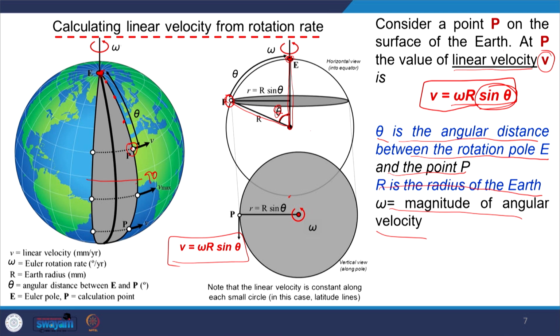So for 10 degrees, it is omega r sin 10 degrees. Similarly, omega r sin 20 degrees, omega r sin 30 degrees, omega r sin 60 degrees, omega r sin 90 degrees. That means the maximum separation is occurring here, that is the Euler's equator.